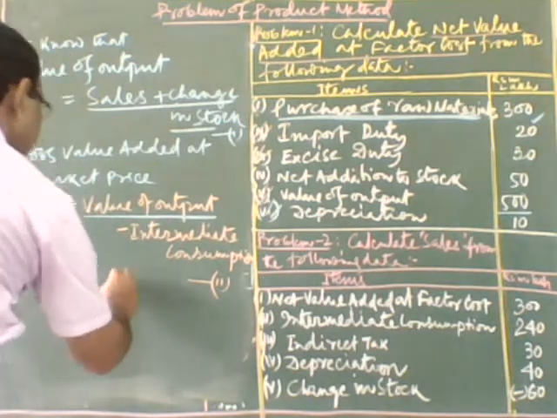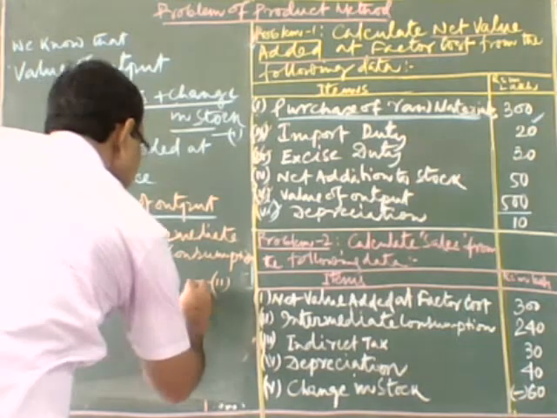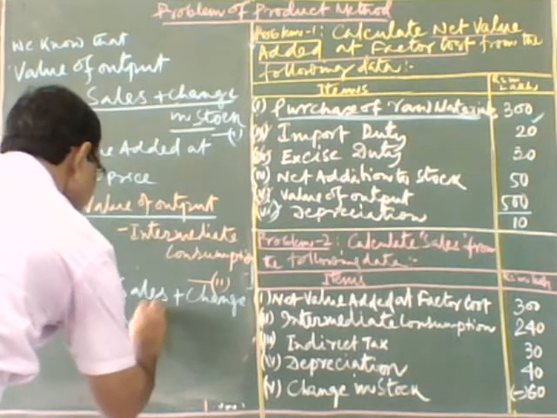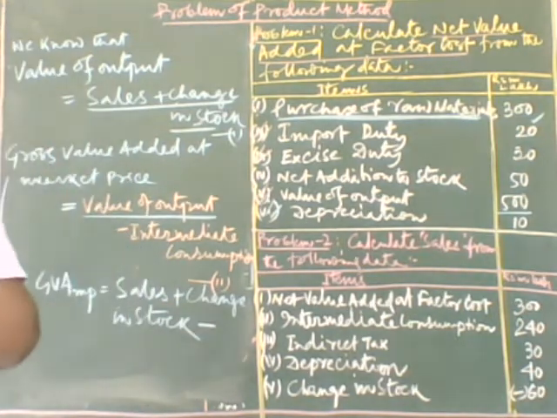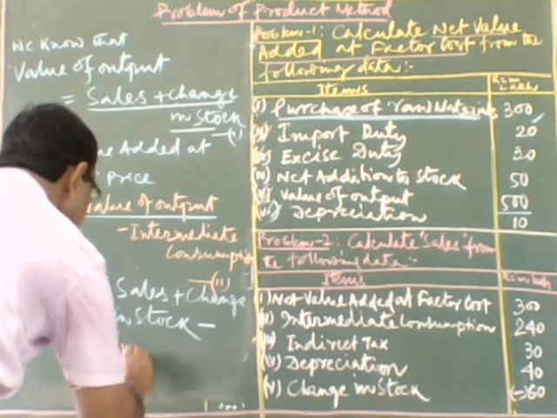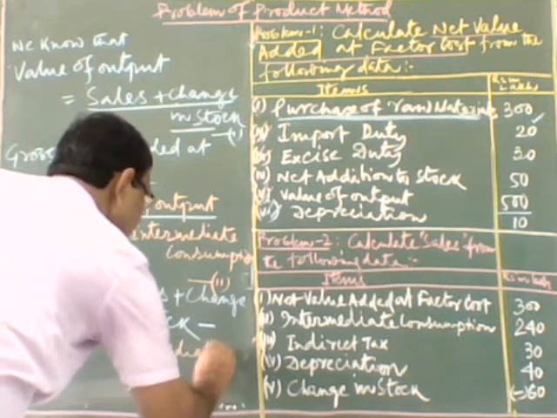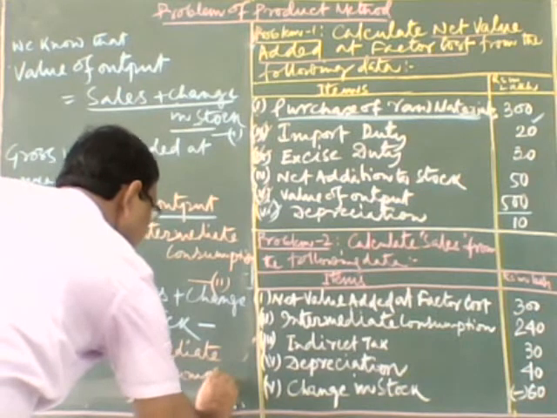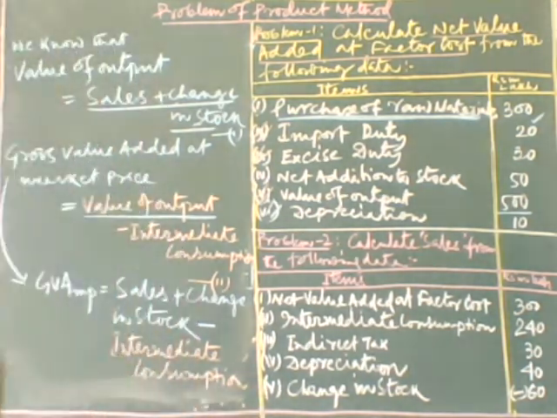So GVA at market price is equal to sales plus change in stock minus intermediate consumption.